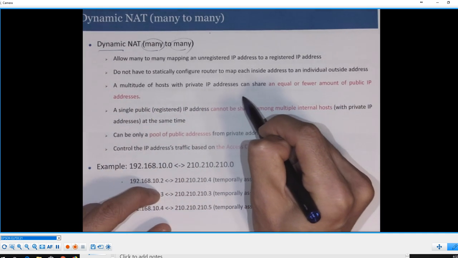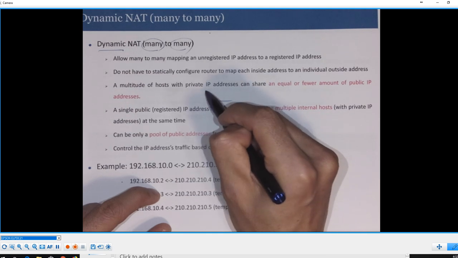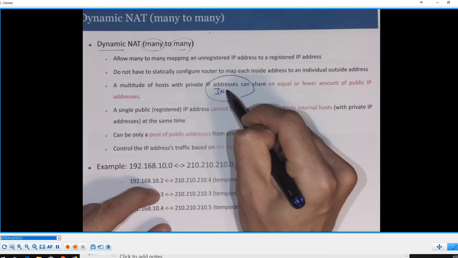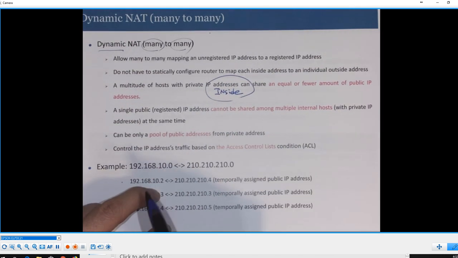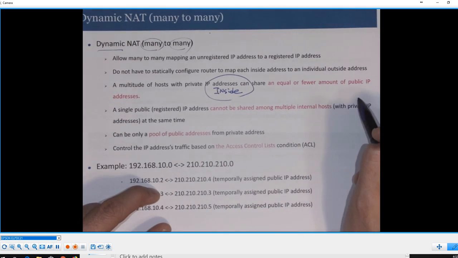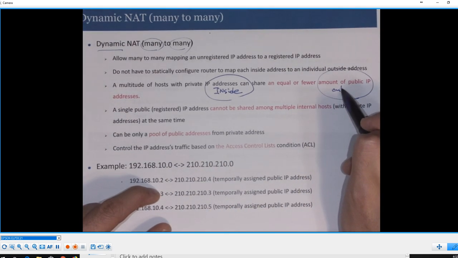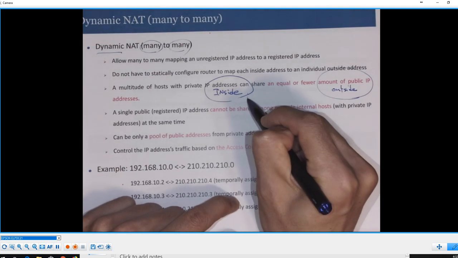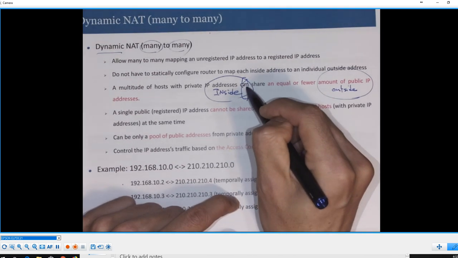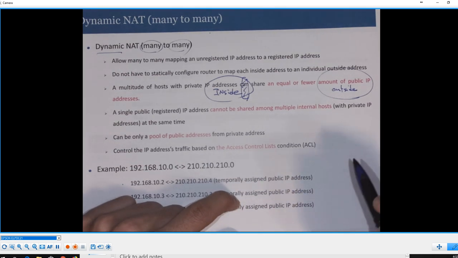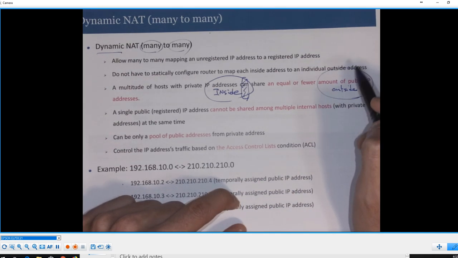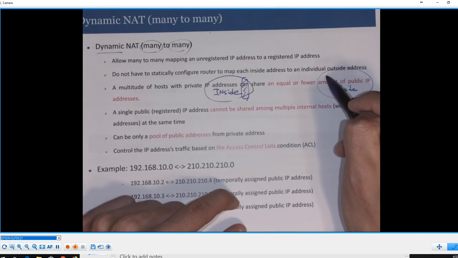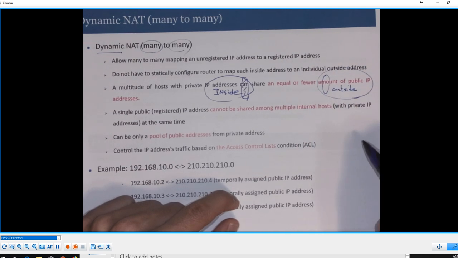Basically what that means is, let's say this is your inside network, right? And then you have the outside network. So inside you have a list of private IP addresses, right? And then for the outside, you have public IP addresses.